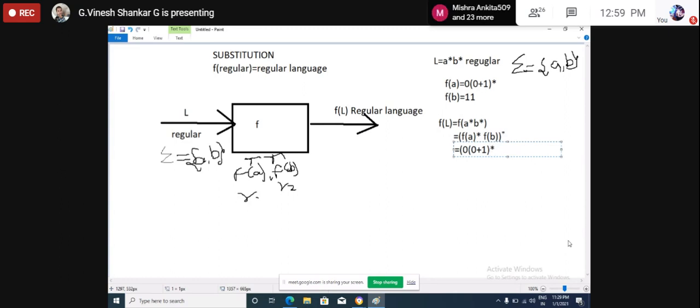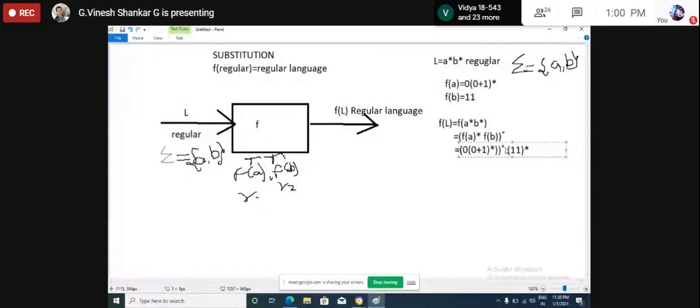So one bracket for this, whole star, and then f of b whole star means 1 whole star.